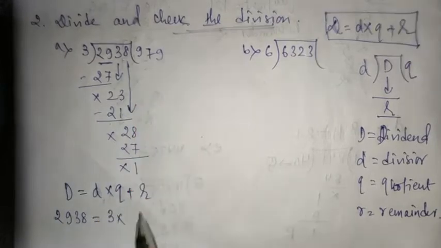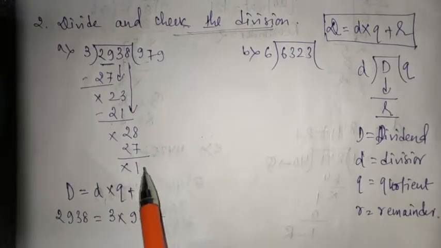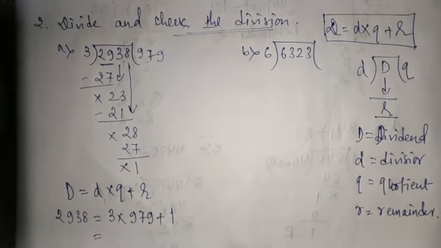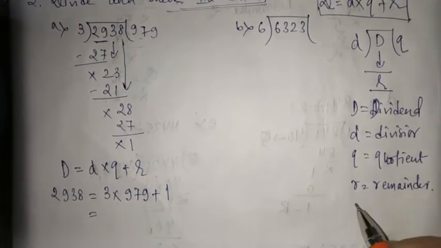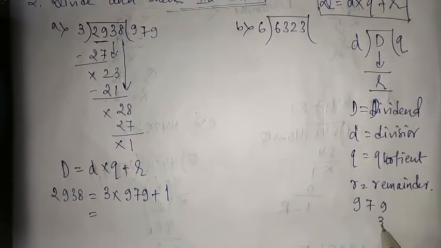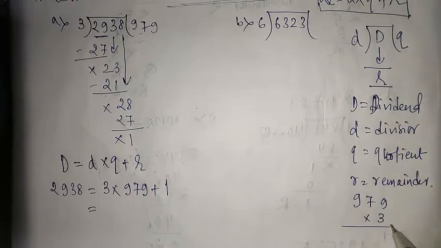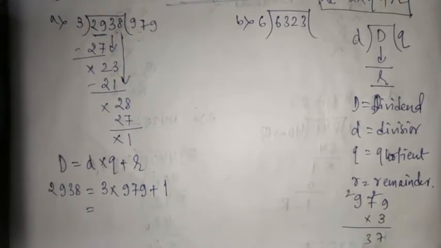Now 979. Plus, what is the remainder? This is 1. So when you multiply this, let us have a look at the multiplication also. 979 multiplied by 3. Till now you should be very familiar, because in chapter 4 we dealt with multiplication, right? So 3 9s are 27, 3 7s are 21, 21 plus 2 is 23, 3 9s are 27, 29.